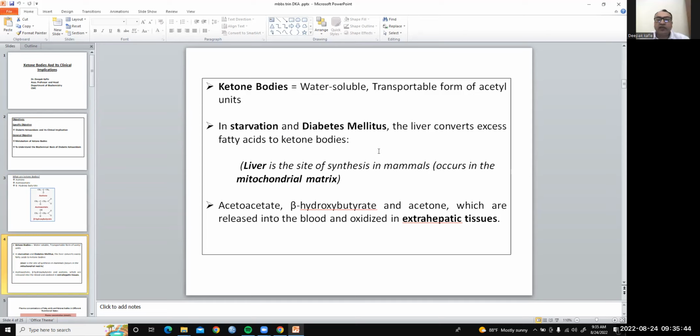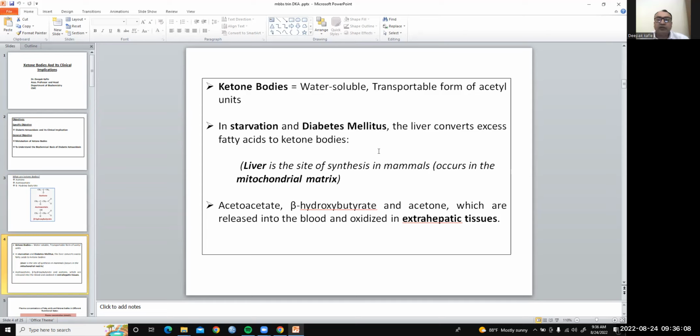In starvation and diabetes mellitus, ketone bodies are generally formed from the oxidation of fats, because with regard to starvation and diabetes, insulin production will be less in case of type 1 diabetes. That's why there is a high ratio of glucagon to insulin.